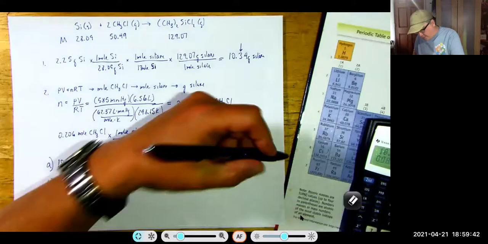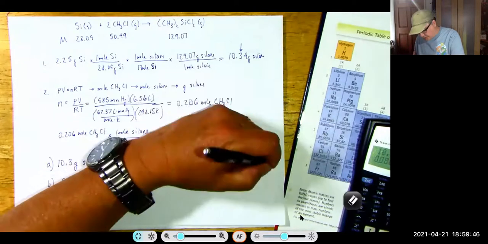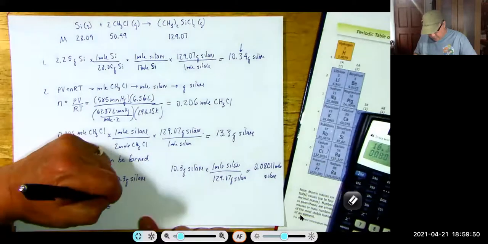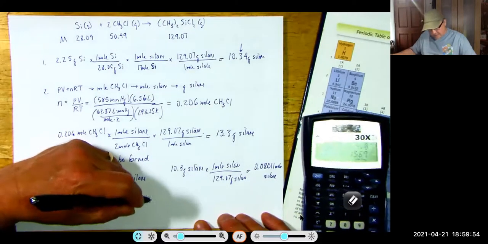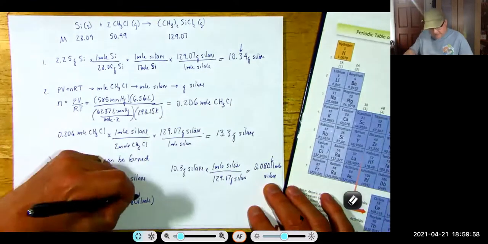Okay, and I get 0.08011 moles of silane. So we're going to use that here, 0.08011 mole. This should be rounded to that first one, but I'm carrying an extra digit along.